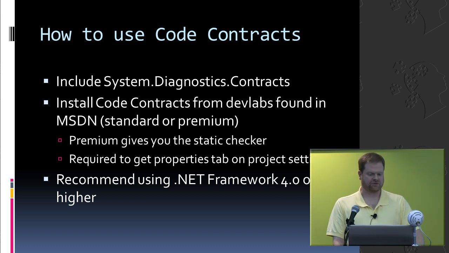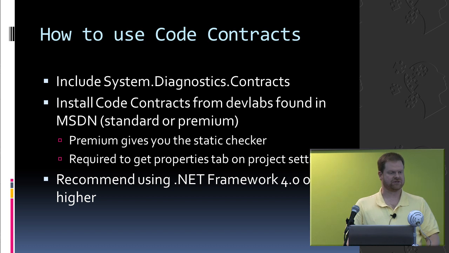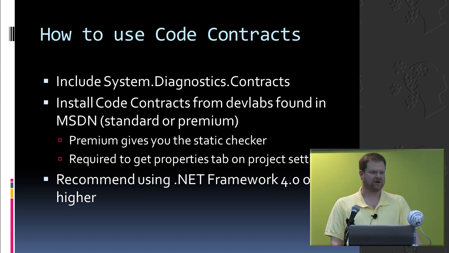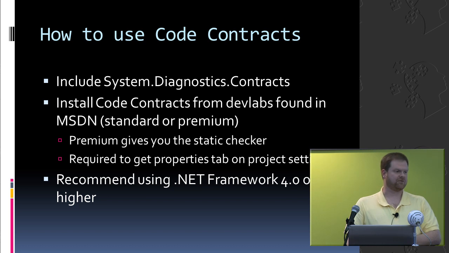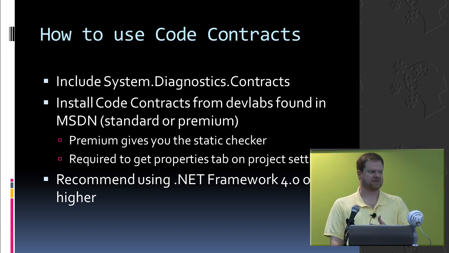Otherwise, you can just use the standard edition, which gives you the runtime checker and a little bit of static checker functionality, but not a whole lot. Code contracts does exist in the .NET 3.5 framework. All of my samples are in 4.0, and as things move forward, I recommend that you try to stay with the latest and greatest.